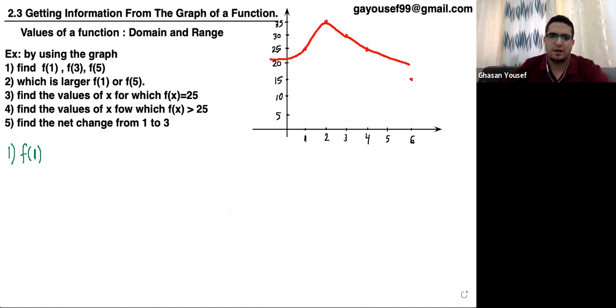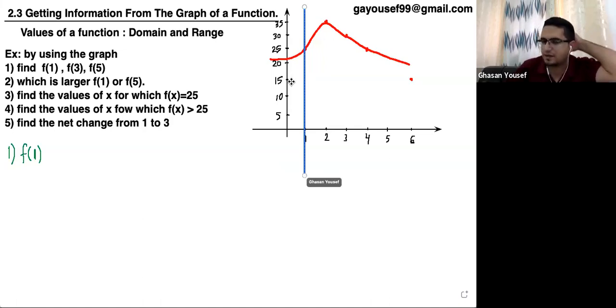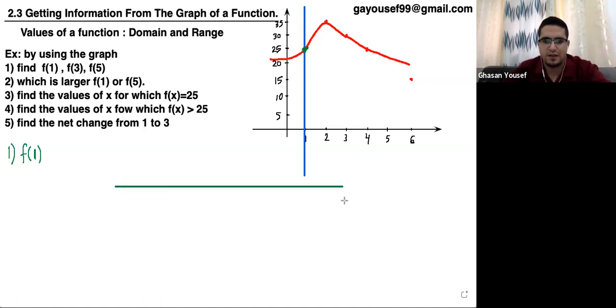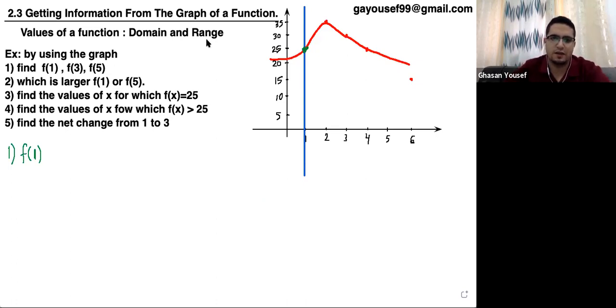The vertical line intersects the curve at this point, and the y value at this point in the graph looks like 25. So f of 1 is 25.